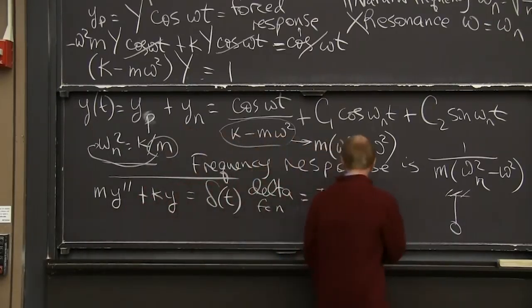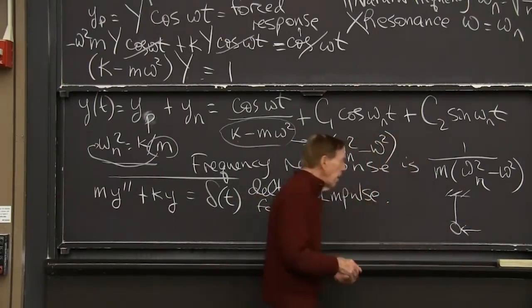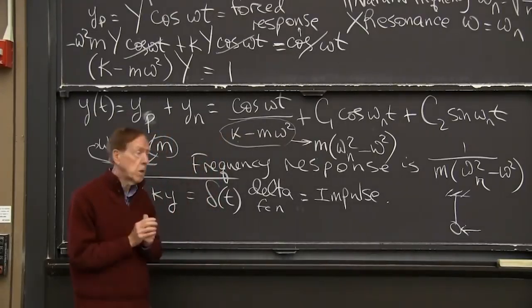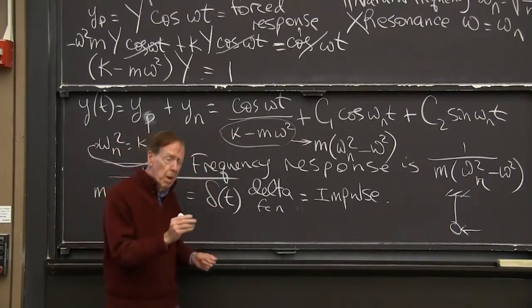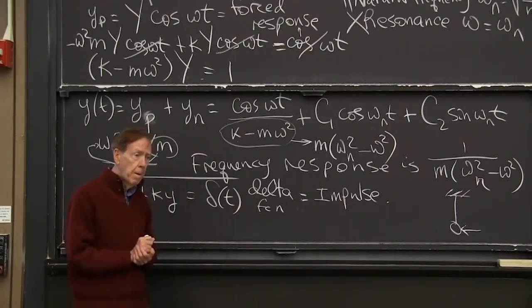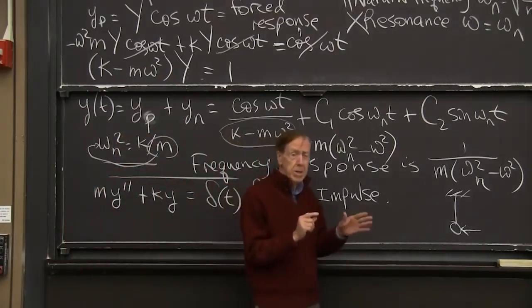Okay, this equation says what happens if I hit it with a point source. At t equals 0, I hit it, but I give it a finite velocity. It doesn't move in that instant.